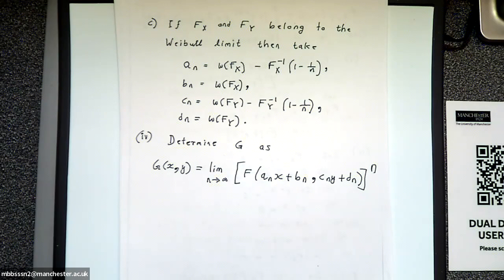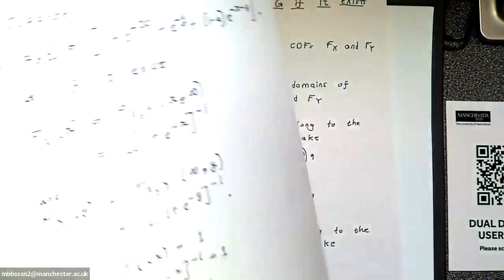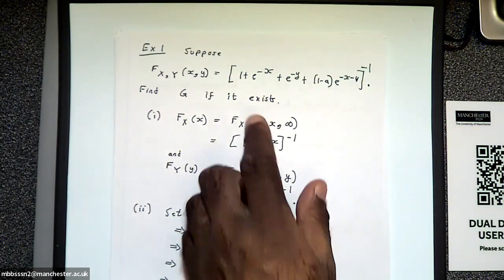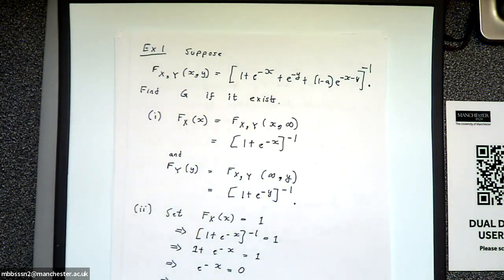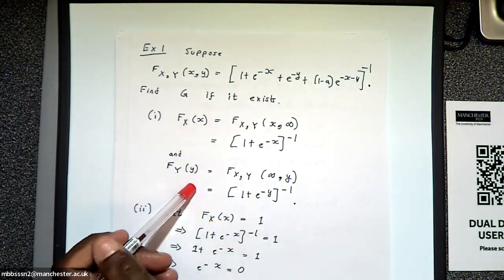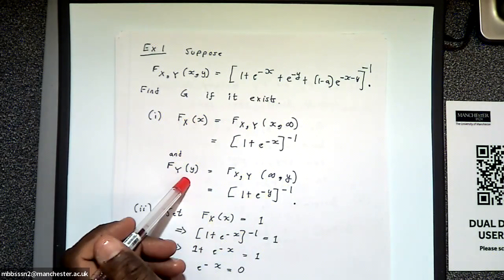Now I did an example here. I hope you guys went through this. This is an example I did on the 4-step procedure. The first step is to determine the marginal CDFs of X and Y, Fx and Fy.